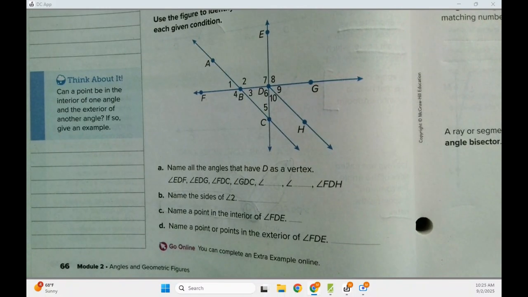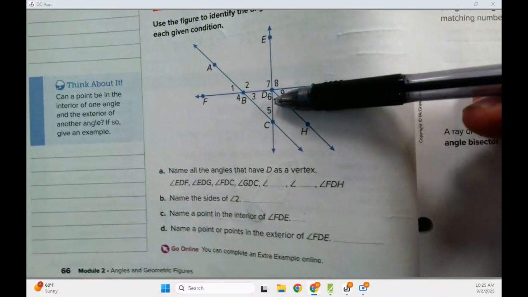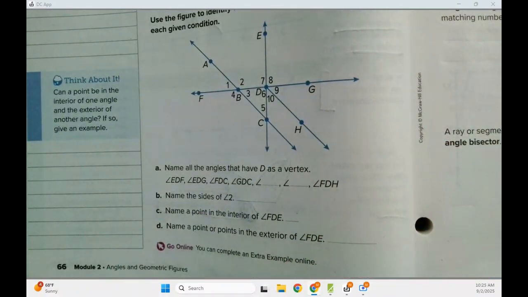D is a vertex. What is a vertex? Not exactly the center, but yeah, the shared endpoint, which in this case is the center. Yeah. And so, looking at what it's already given us, we know that EDF, right, if we're illustrating what we have, E is up here to D to F. So there's one that has D as a vertex.